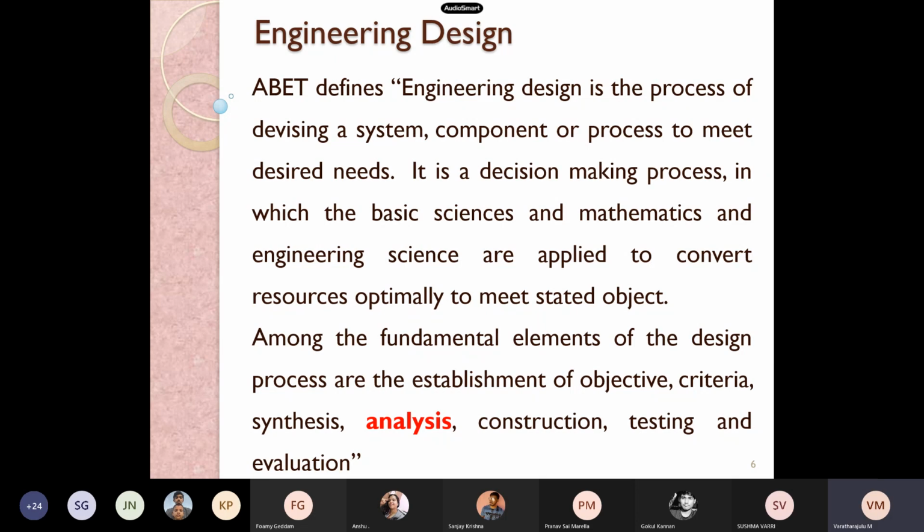There are 7 different fundamental elements of the design process detailed here: the objective, criteria, synthesis, analysis, construction, testing, and evaluation. This is the pattern of your syllabus.